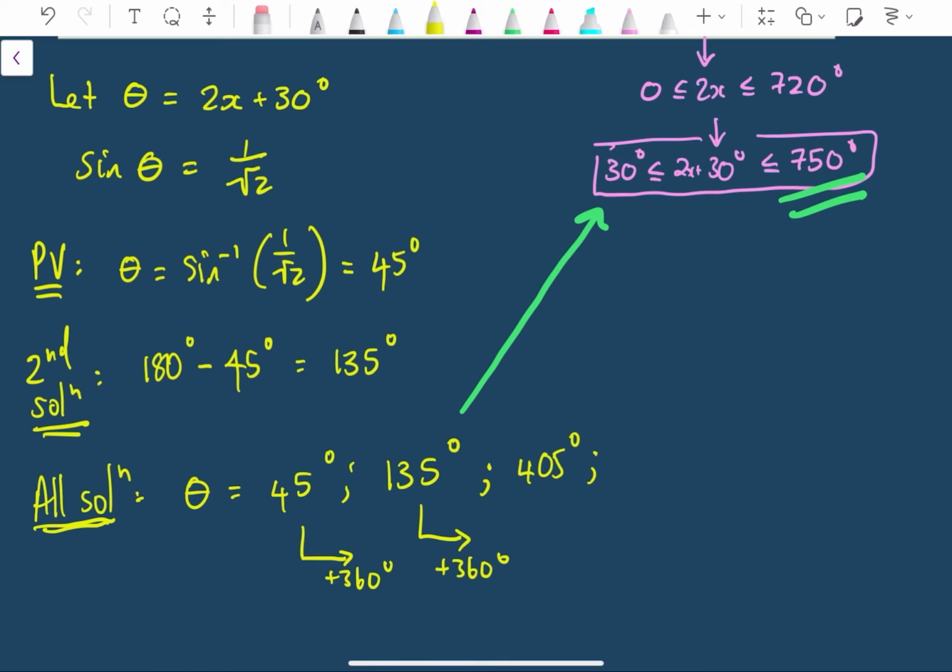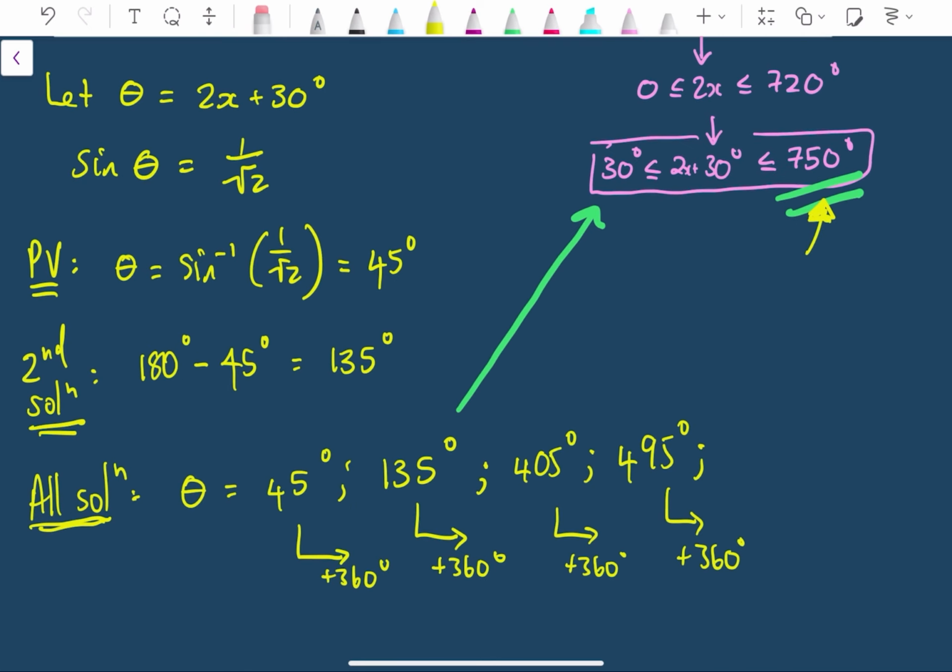That's going to give me 495. Then I do the same to this, I add 360, until eventually the answer that I get will be greater than 750.